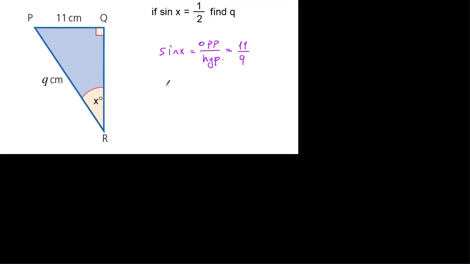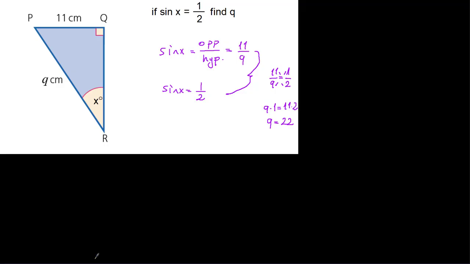At the same time, it is given sin x is equal to 1 over 2, so we combine these two results: 11 over q has to be equal to 1 over 2. If I cross multiply, q times 1 has to be equal to 11 times 2, then q is equal to 22.